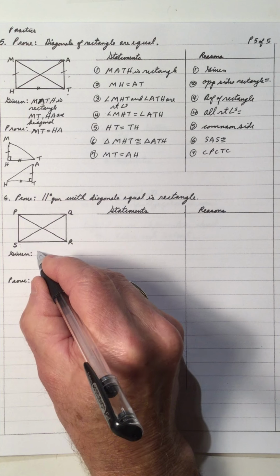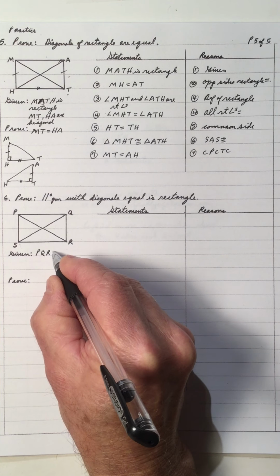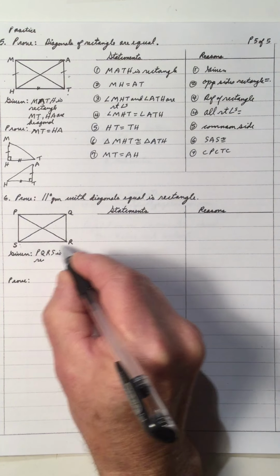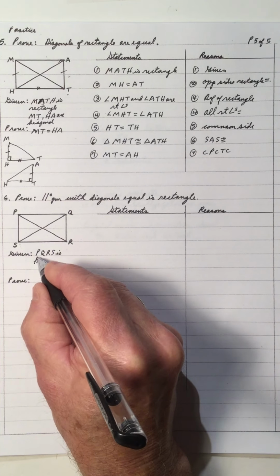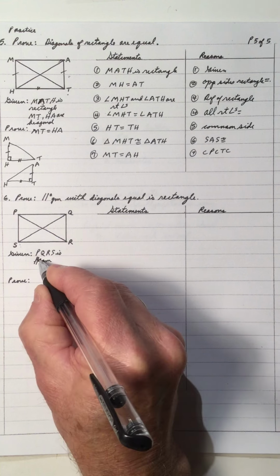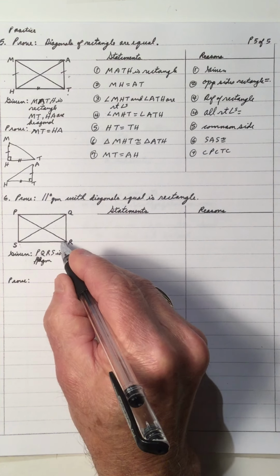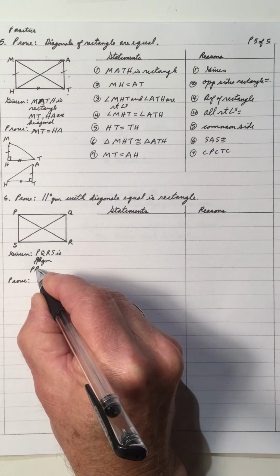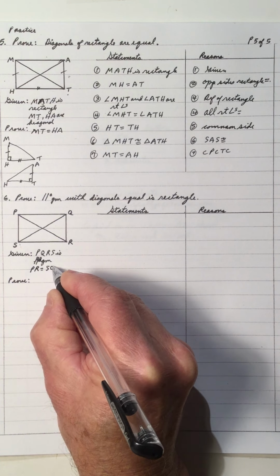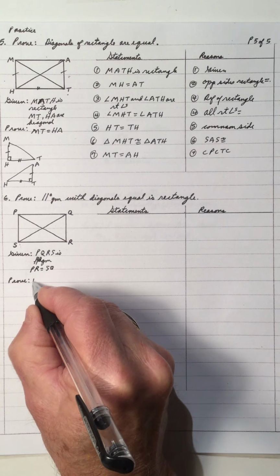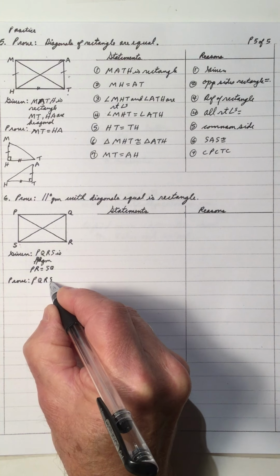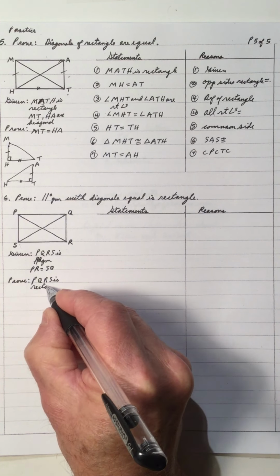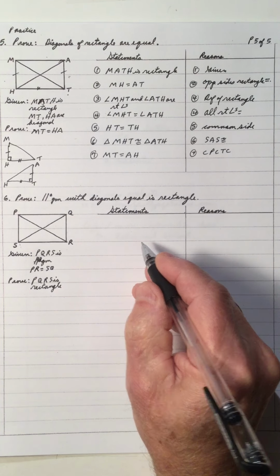So we're given that PQRS is a parallelogram, and the diagonals are equal, so we have PR equals SQ, and so we have to prove that PQRS is a rectangle. So we're given a parallelogram with diagonals equal, we have to get a rectangle.